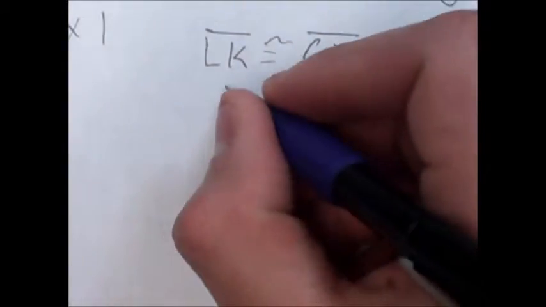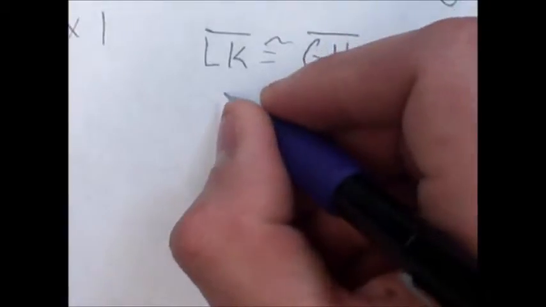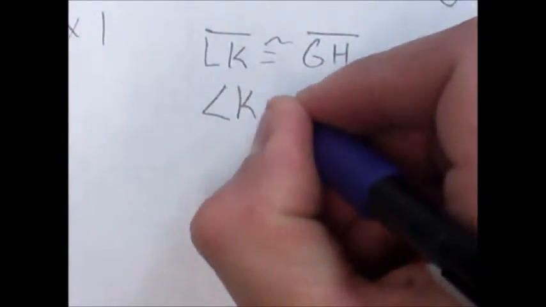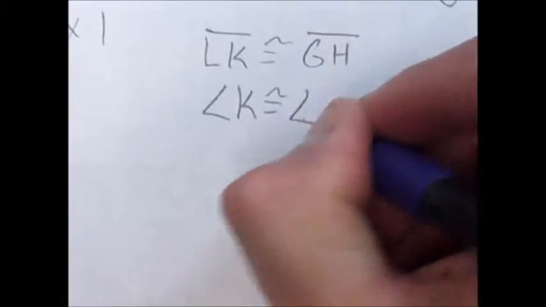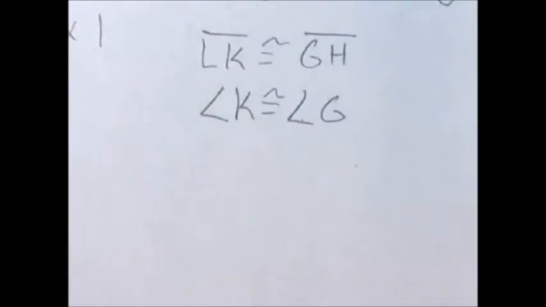For example 1, I need to state legs that are congruent. I already told you what they were: side LK is congruent to GH. Also, because of the one arc mark, we know that angle K is congruent to angle G. You should also notice that these are right triangles.